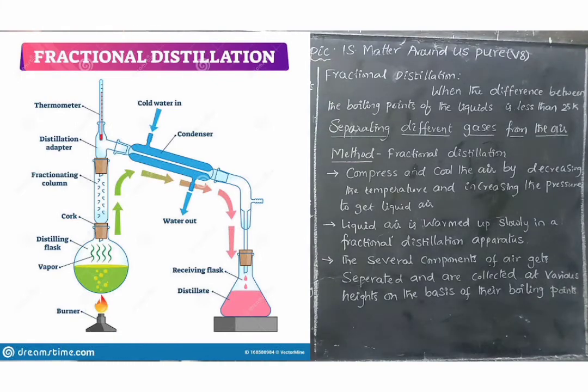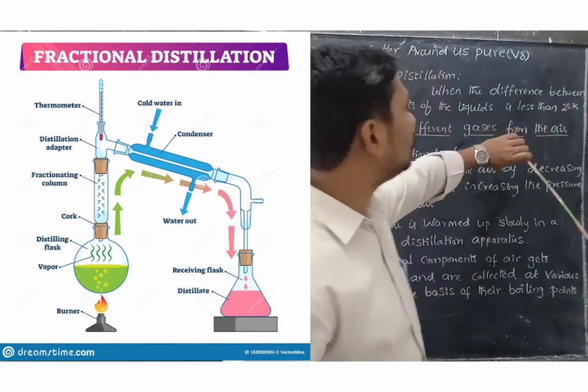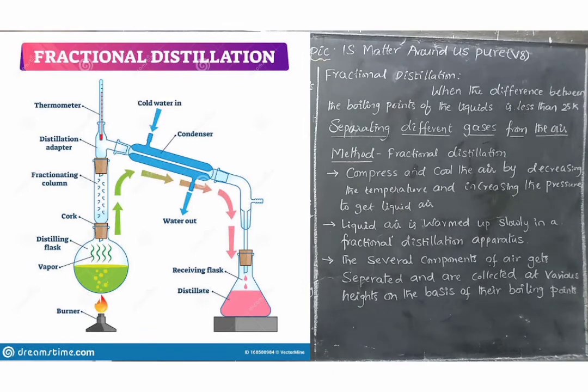Here, when the difference between the boiling points of the two miscible liquids is less than 25 Kelvin, very important, less than 25 Kelvin, then we use the fractional distillation technique. Here, we separate the different gases from the air by using the fractional distillation method.